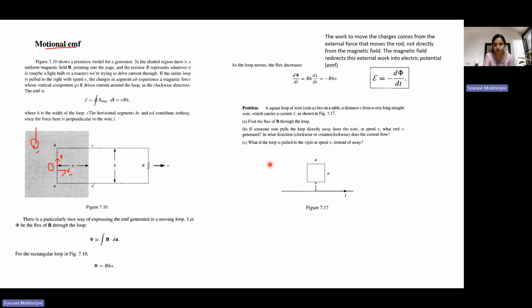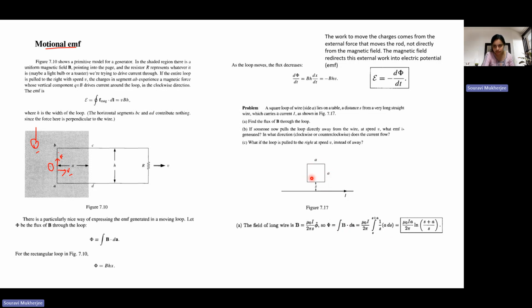So we know that the field for a long wire is given as mu naught I by 2 pi s, where s is the distance from the wire. And now you have to find the flux, which is given as B dot dA, basically a surface integral of the field in this region.